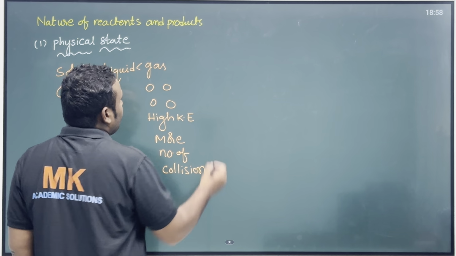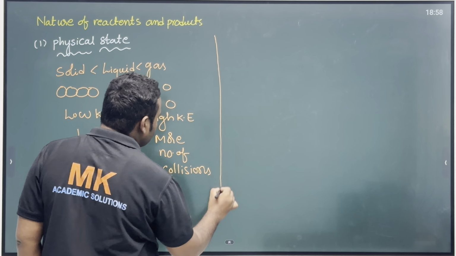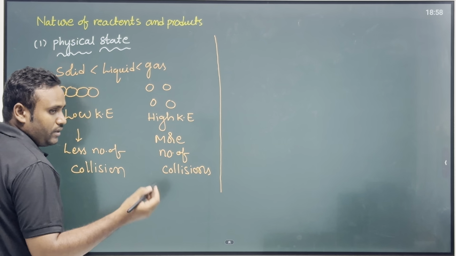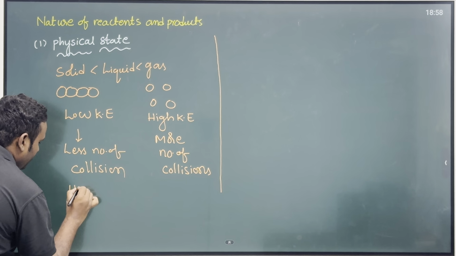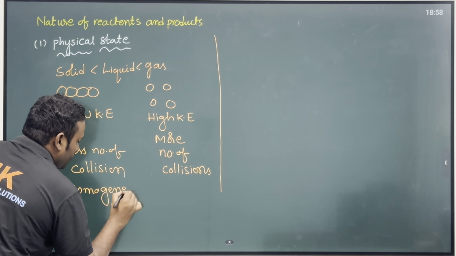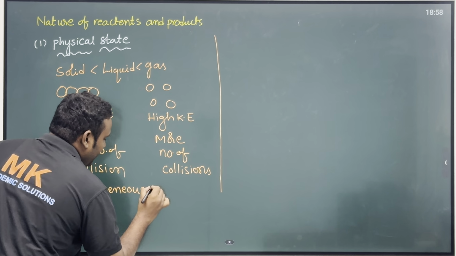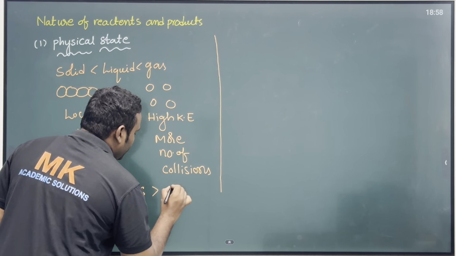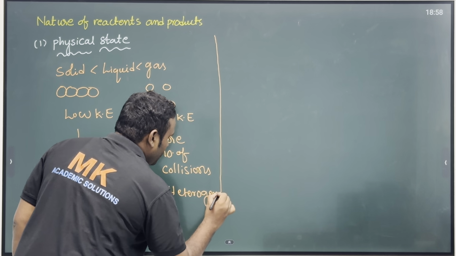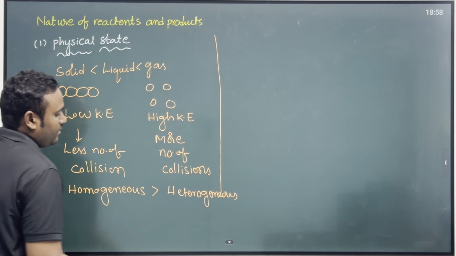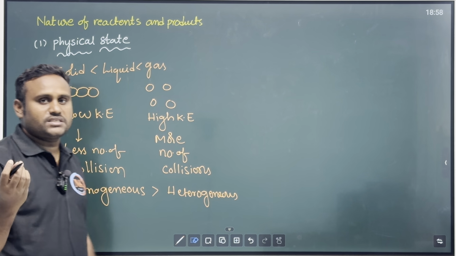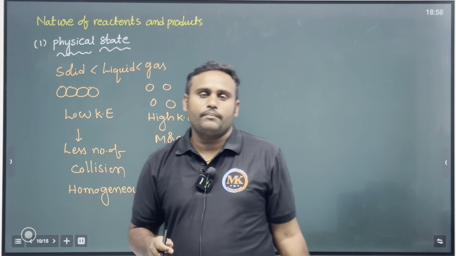One more way to consider physical state is homogeneous and heterogeneous. Homogeneous reactions are very fast when compared to heterogeneous ones. Why?